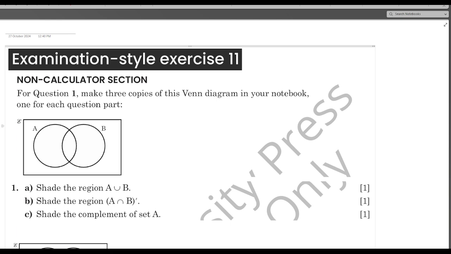So I hope you will practice at least the examination style exercise from all the chapters.